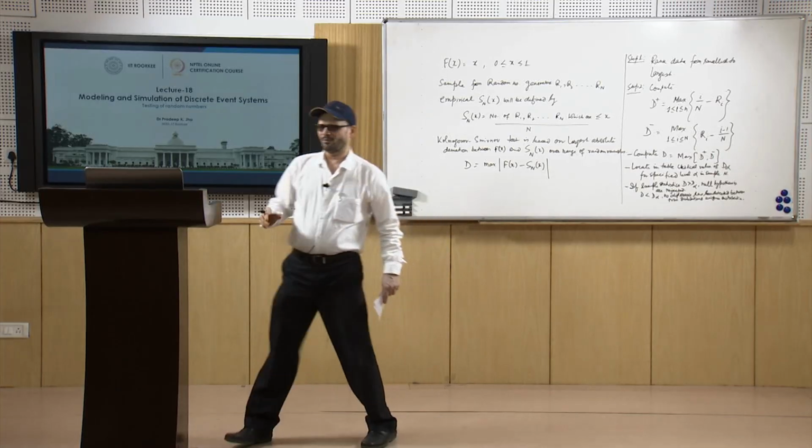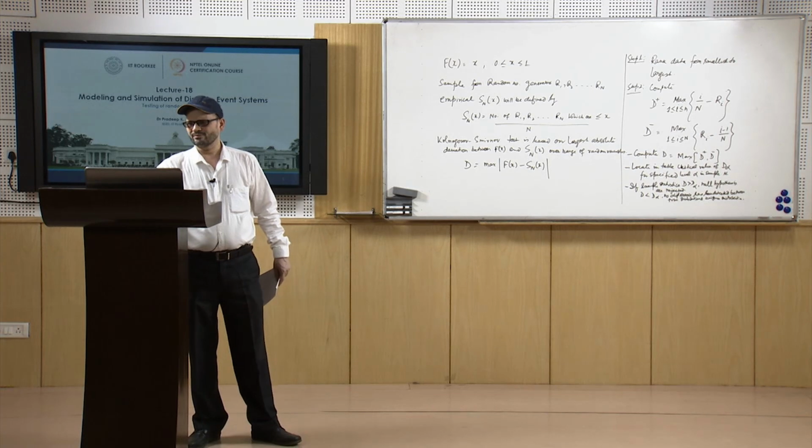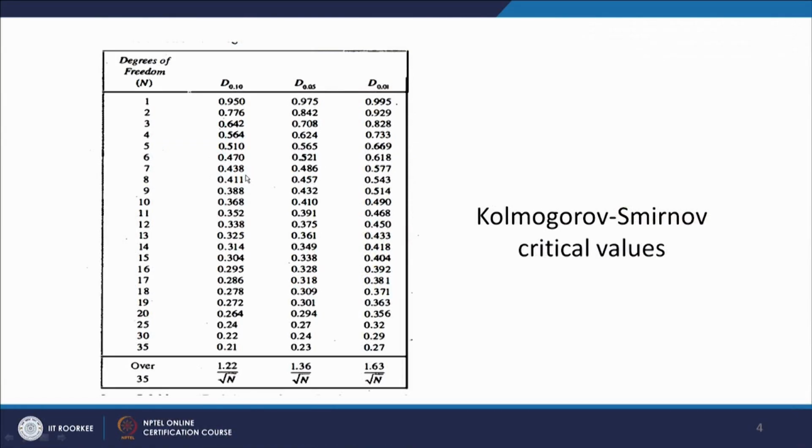Now, for a specified alpha you will have a table like this. In this table, if you have n data, you have the degree of freedom, that is n minus 1. Suppose you have 10 data, your degree of freedom is 9, and in front of 9 you have to see the value of alpha which has been set.